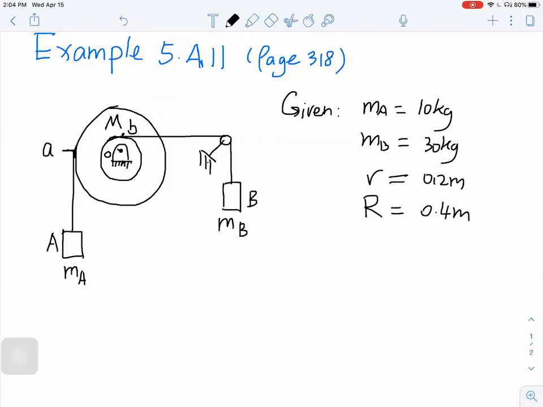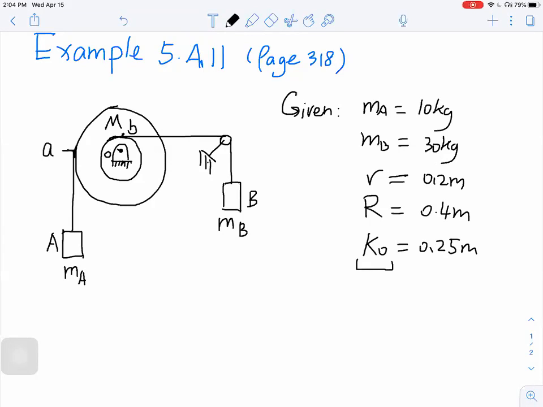And also, if you read the problem statement, it's given KO equals 0.25 meter. So this KO here is a new concept we haven't touched.